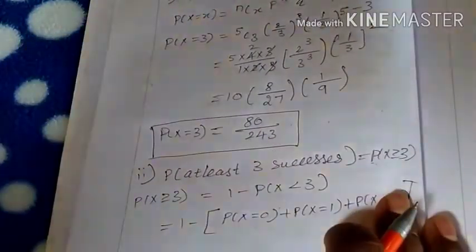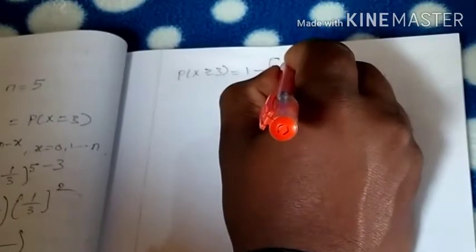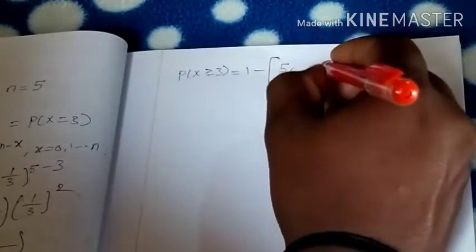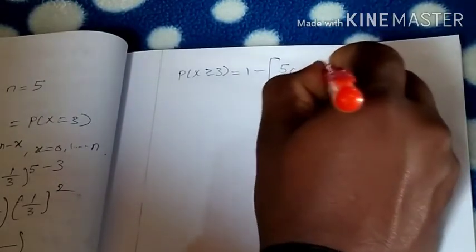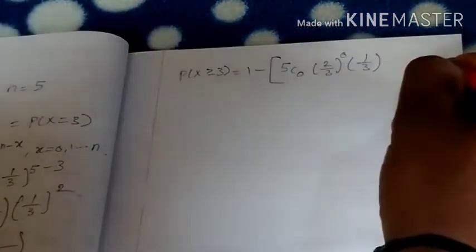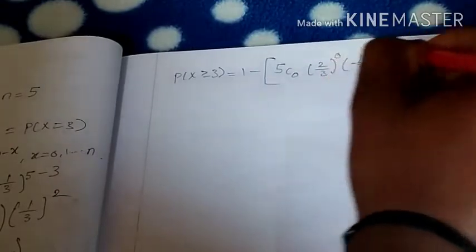Then substituting the binomial distribution here. So P of x greater than or equal to 3 is equal to 1 minus P of x is equal to 0. So n is not changed, n is 5. So 5c naught, P power, P is equal to 2 by 3. So 2 by 3 power 0 and q is equal to 1 by 3, 1 by 3 power n minus x, n is 5 minus 0.